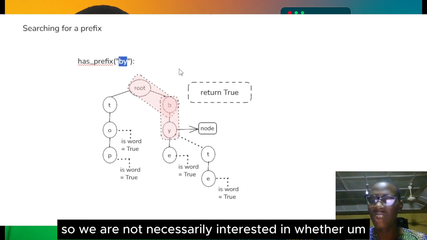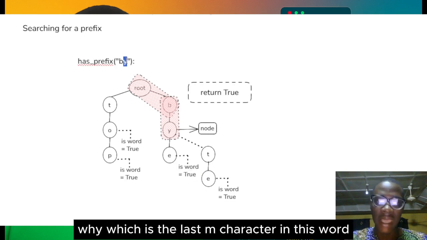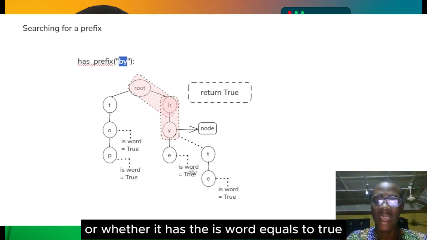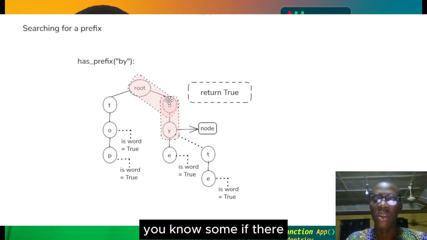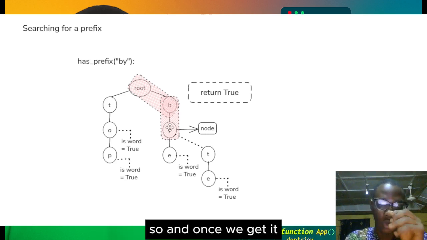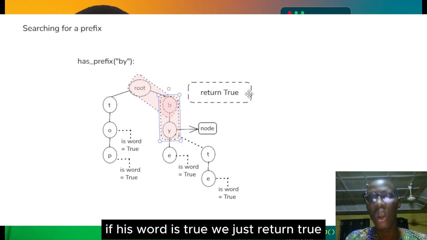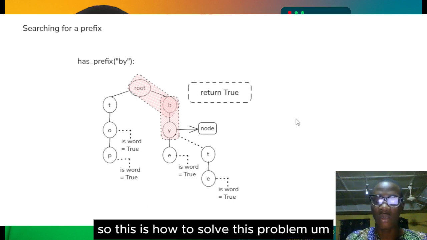We are not interested in whether y, the last character, has is_word equal to true. We just want to check if b and y, that sequence of nodes, is in the tree. Once we find it, we don't need to validate is_word, we just return true. So this is how to solve this problem.